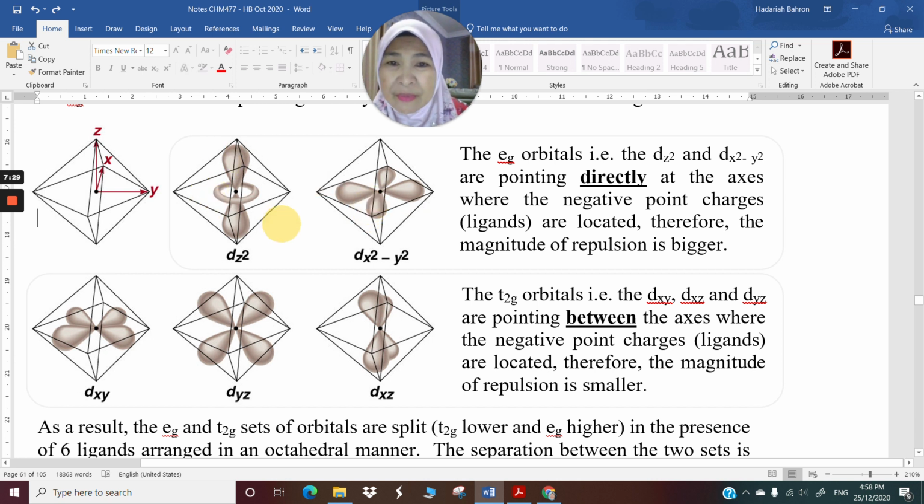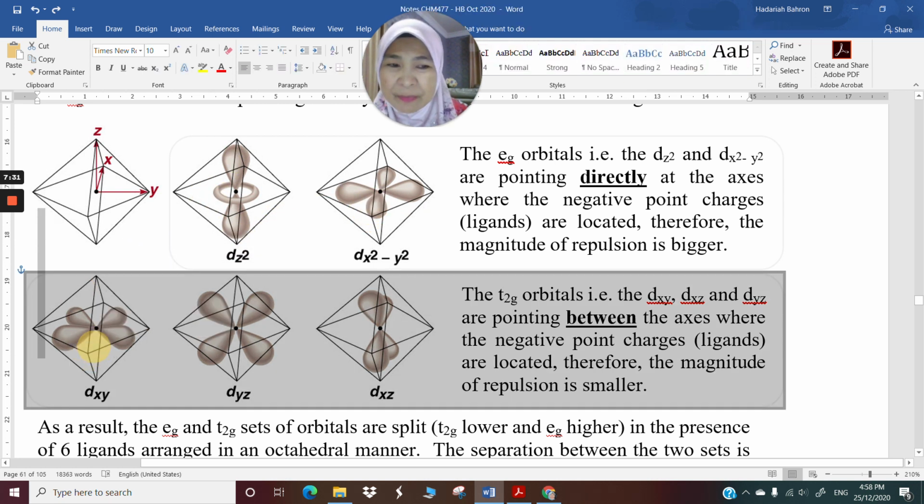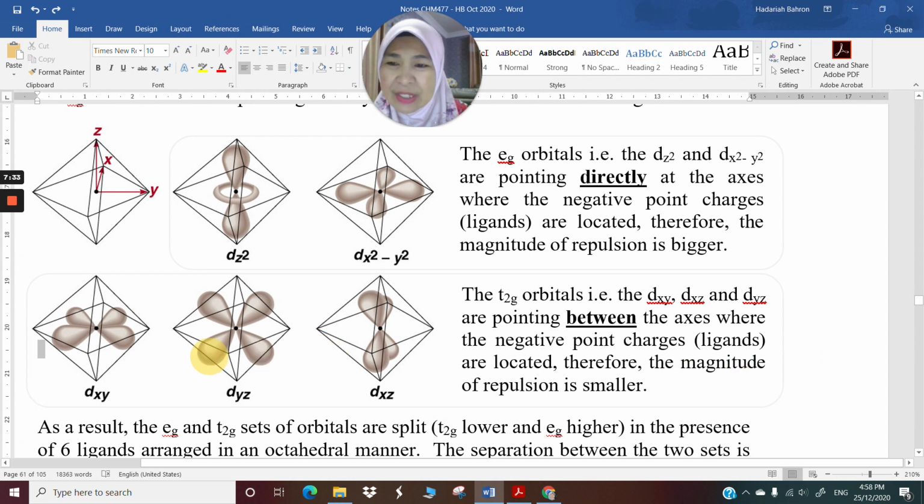And these two are very different from the dxy, where the dxy lobes are pointing between the x and the y axis.